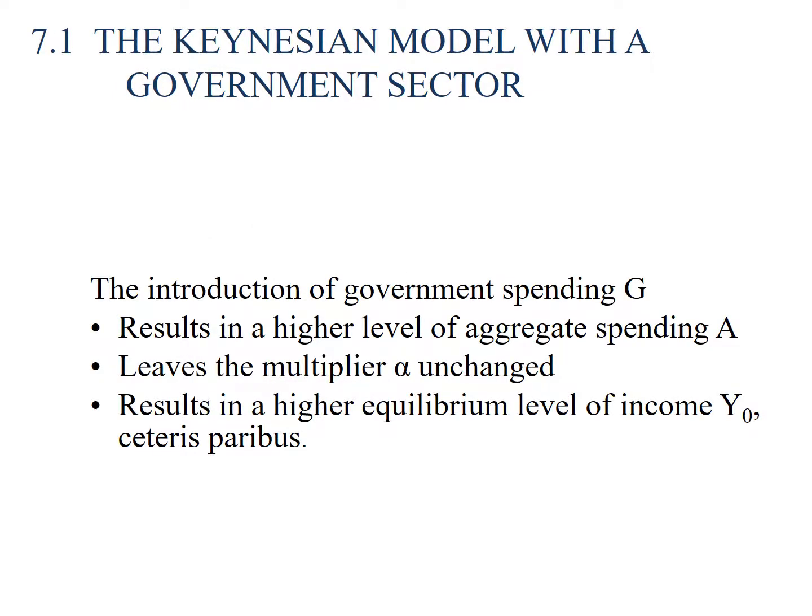Just to offer a quick summary, as we introduce government spending into a simple Keynesian model, we see that it results in a higher level of aggregate spending, which also yields a higher equilibrium level of income, ceteris paribus, compared to the Keynesian model with only firms and households.